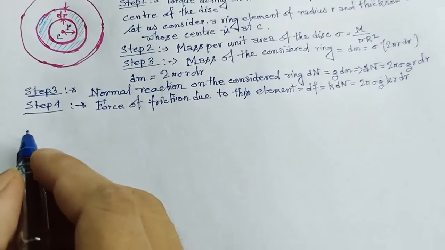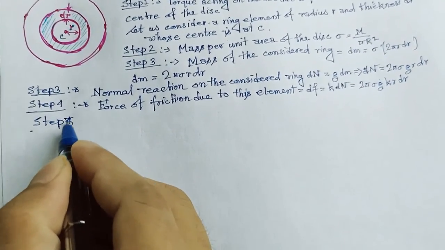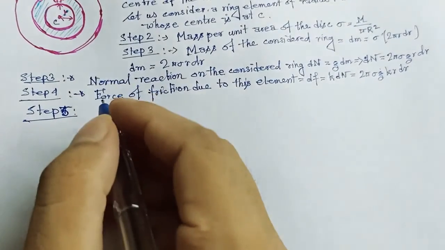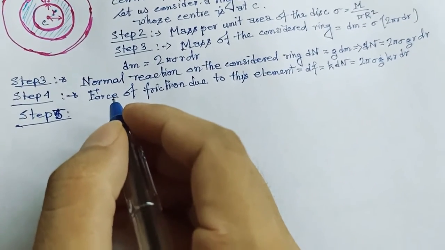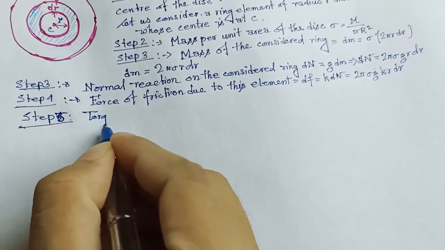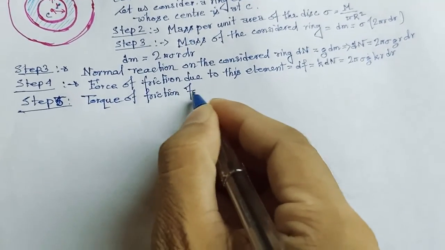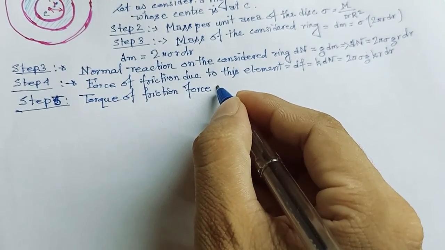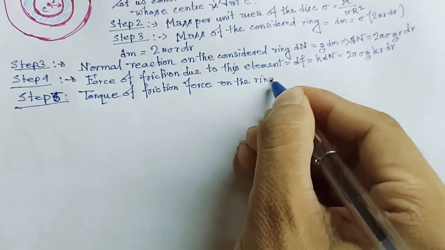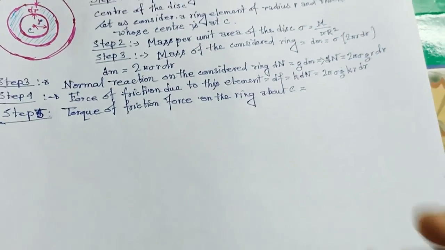Now step 6. We have to calculate the torque of the friction force on the ring about C, which will be equal to d tau.